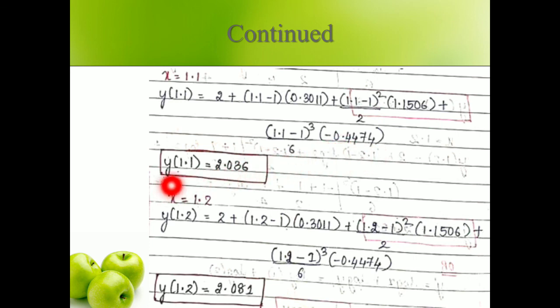So we get y of 1.1 as 2.036. Similarly, substitute the x value as 1.2 in the above polynomial equation. After substituting, we get y of 1.2 equal to 2.081.